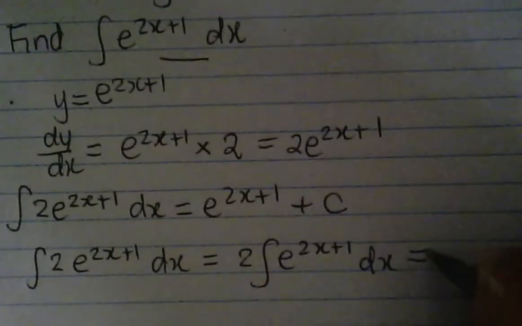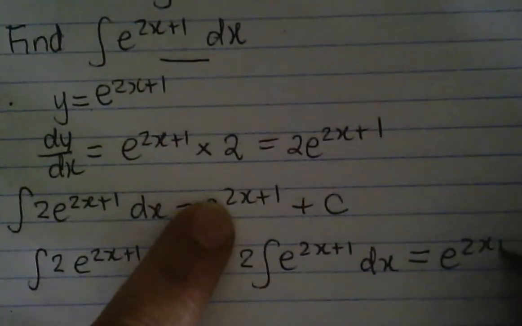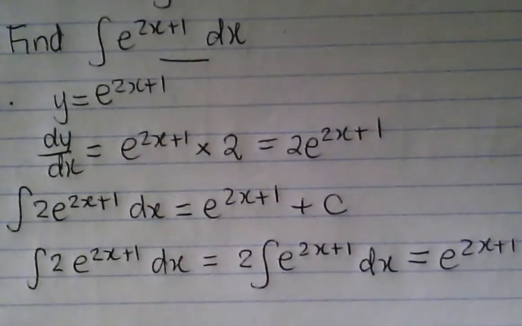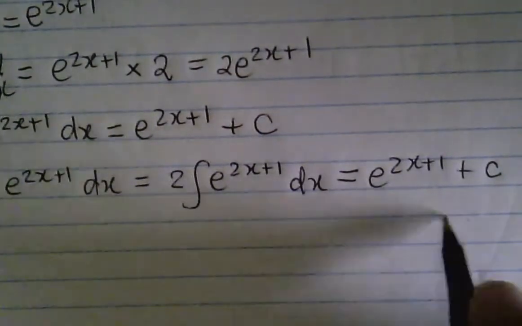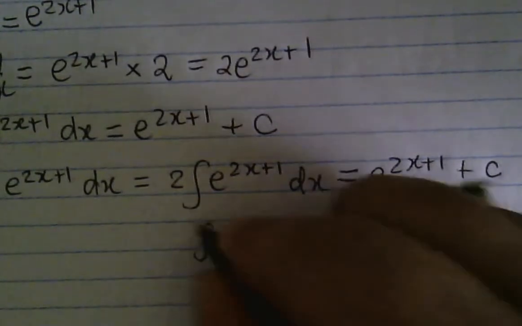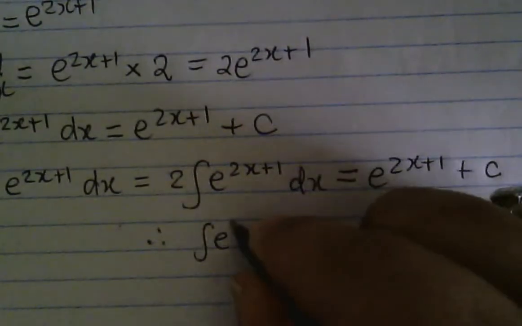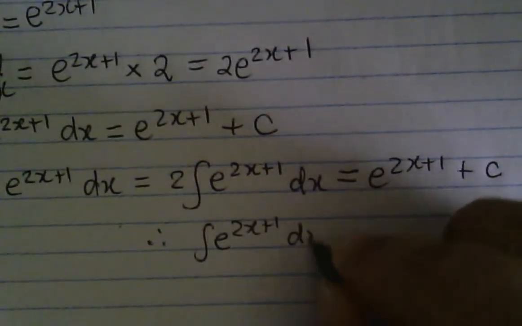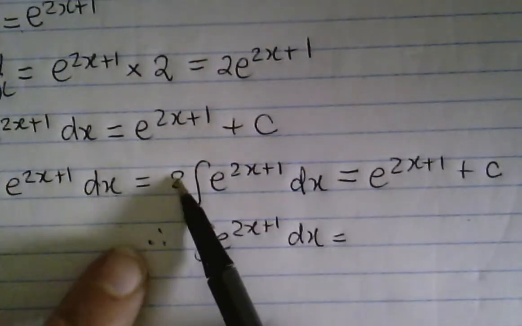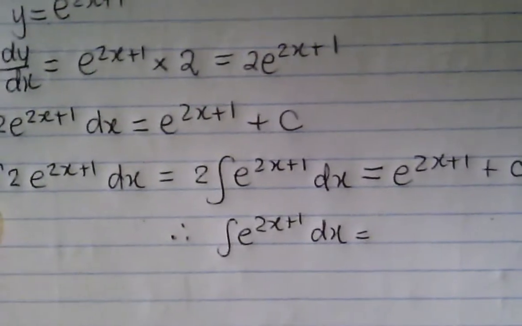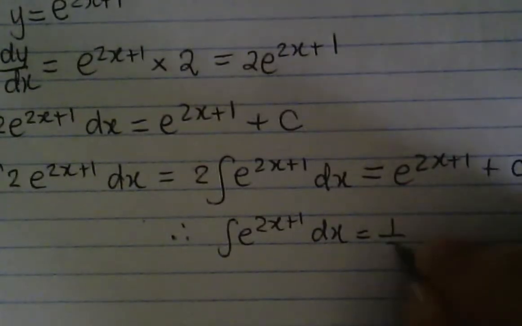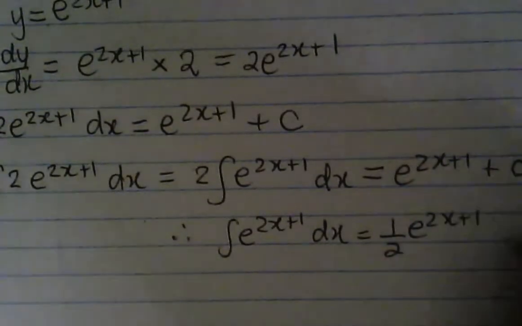I know that that is equal to this, e to the 2x plus 1 plus c. So why don't I just divide by 2, and I'll get, therefore, the integral of e to the 2x plus 1 dx is 1 over 2, e to the 2x plus 1 plus c.